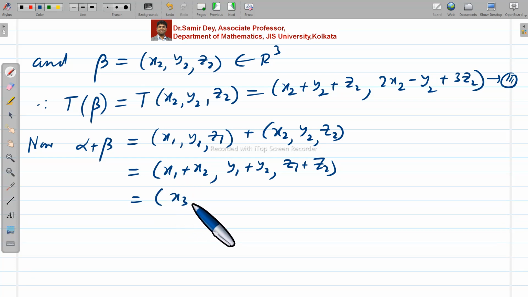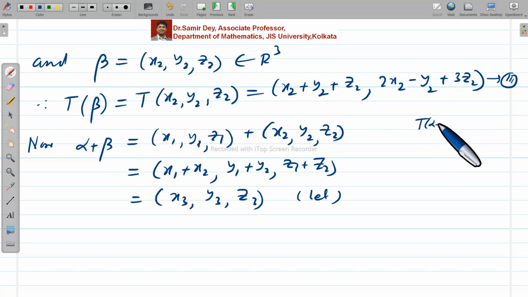Here you may write (x3, y3, z3). So here we have considered, that means you are considering x1 + x2 = x3, y1 + y2 = y3, and so on. Correct? So now we need to prove that this α + β satisfies this, that is, we need to prove T(α + β) = T(α) + T(β). We need to prove it.